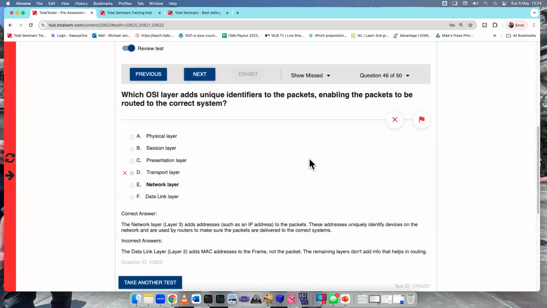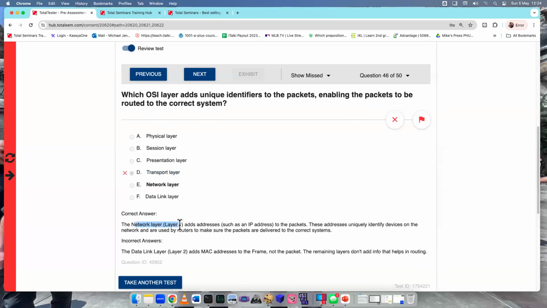46. I missed the OSI layer question. So we need to know all people seem to need data processing. You need to know how to go up and down and list that acronym. Okay, enabling packets to be routed. So I thought routing and I thought transport, but that's not correct. Why is that not correct?